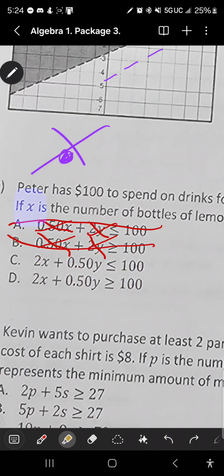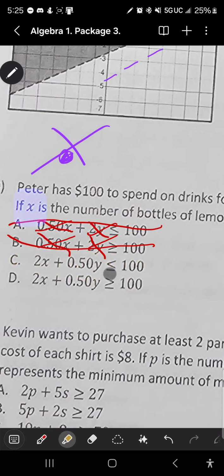If he can spend up to $100, it means that the amount of drinks bought needs to be less than or equal, because you can spend up to 100 dollars. So it means that C is the right answer.